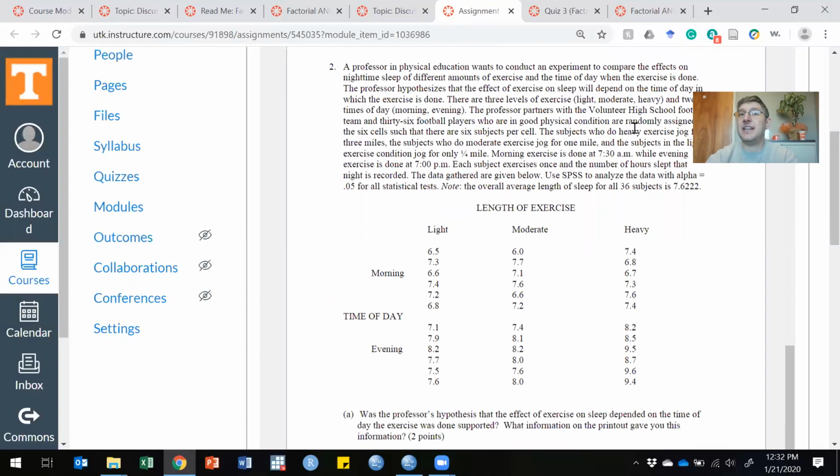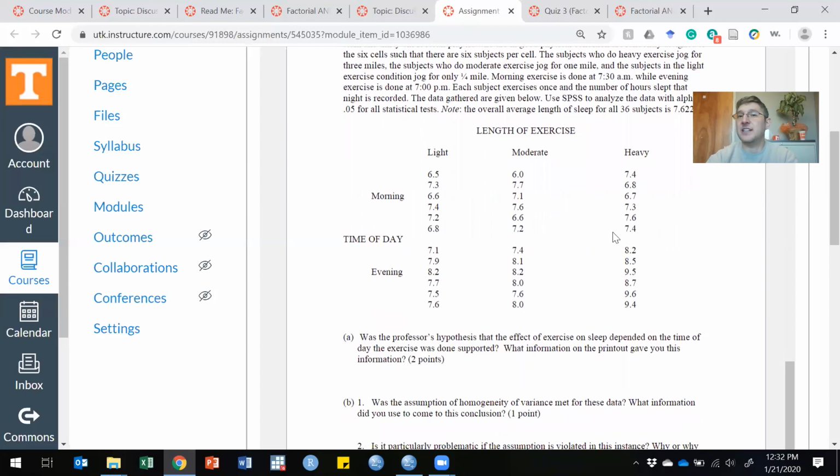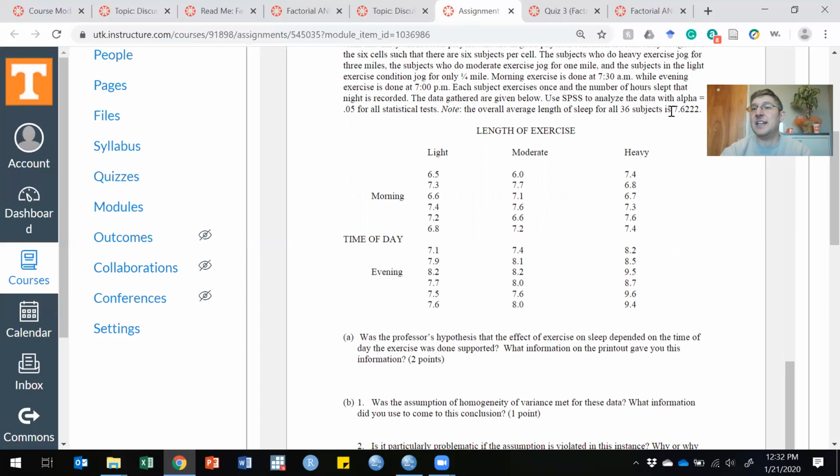Same thing here. Here's your example scenario. Here's your data to enter into SPSS. And here's the overall mean for the average amount of sleep for all 36 subjects, so you can make sure you entered your data in correctly.